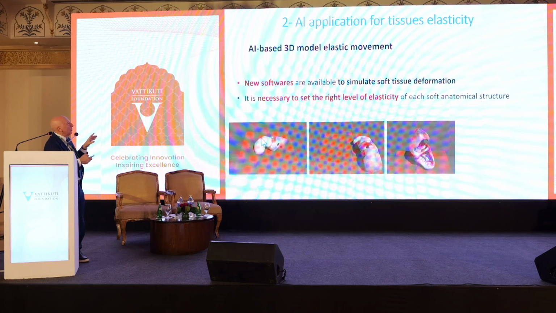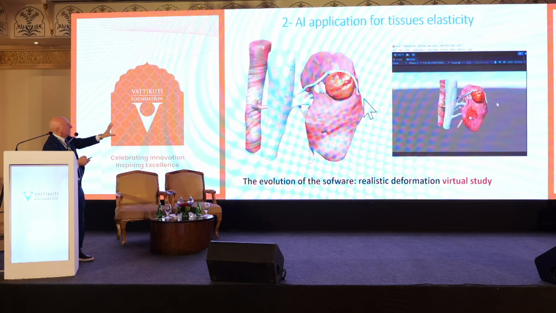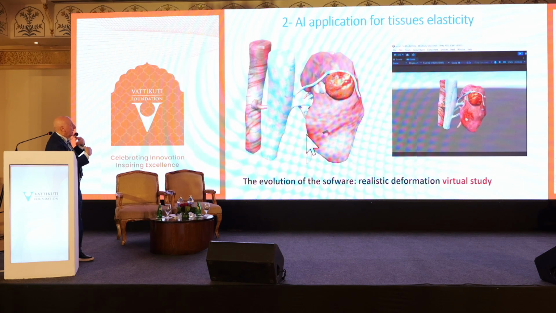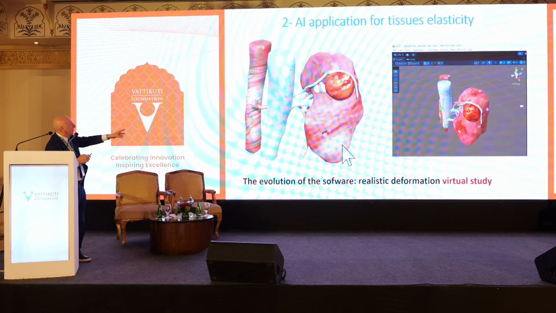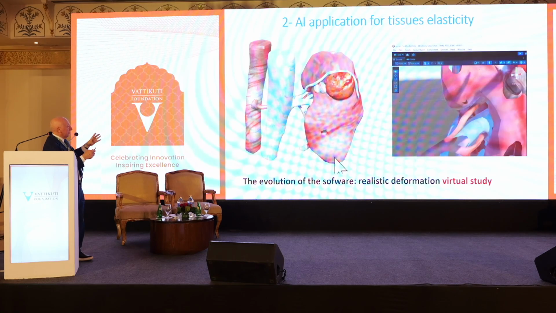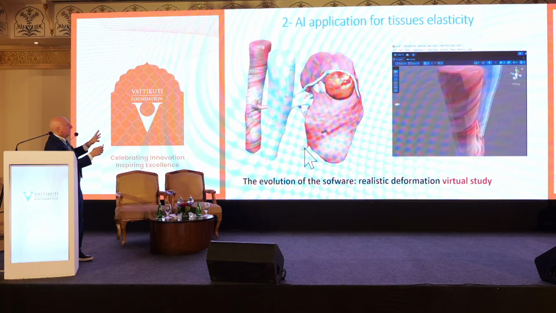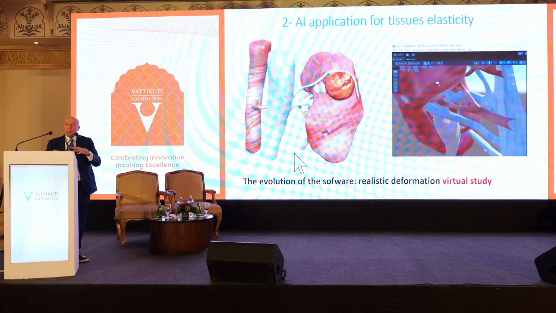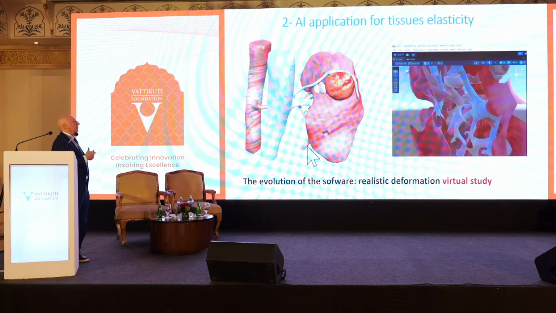So at this point, we experimented with our software in vitro, inside the lab, in order to create realistic deformation. And the deformations are quite similar, and now I show you how we can create this modeling.